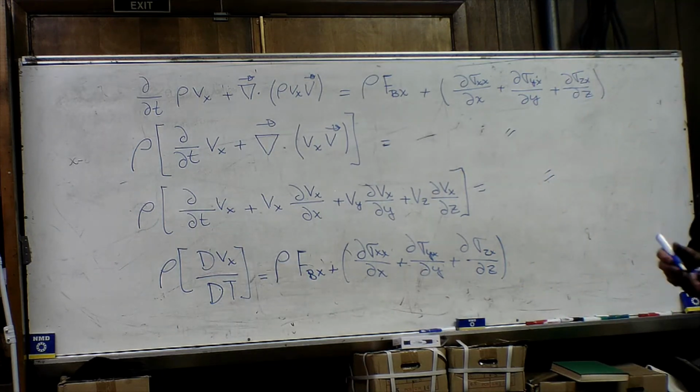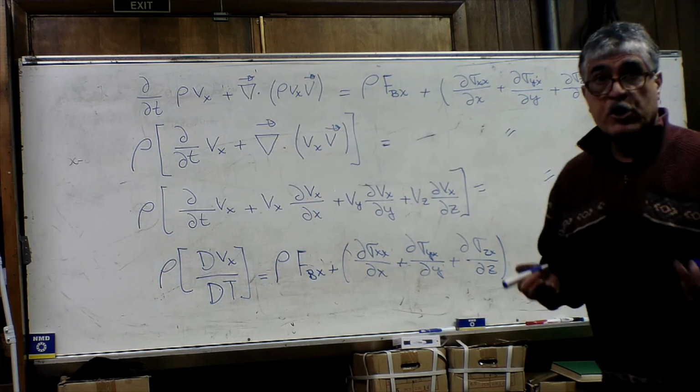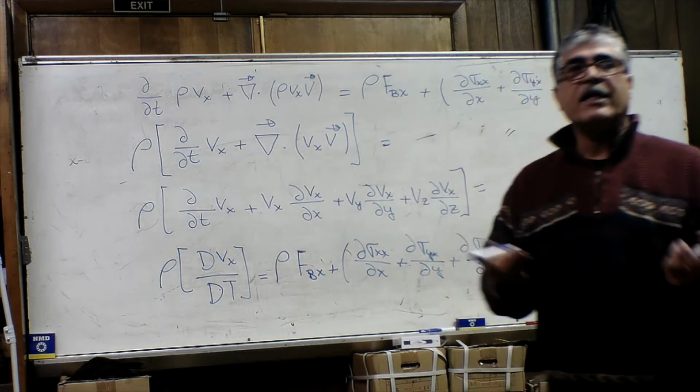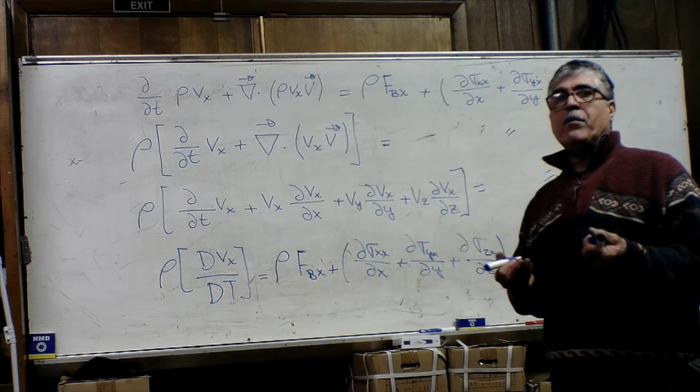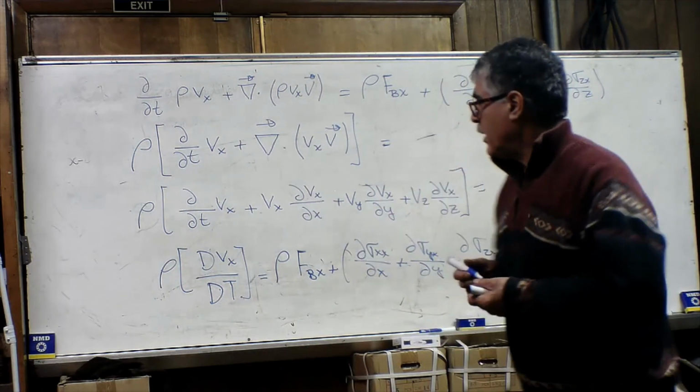Now we can use the index notation and write this equation in a general form. Using that general form, we will be able to write this equation for any component that we want.